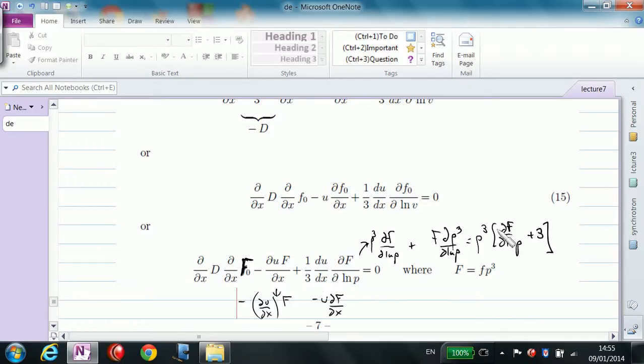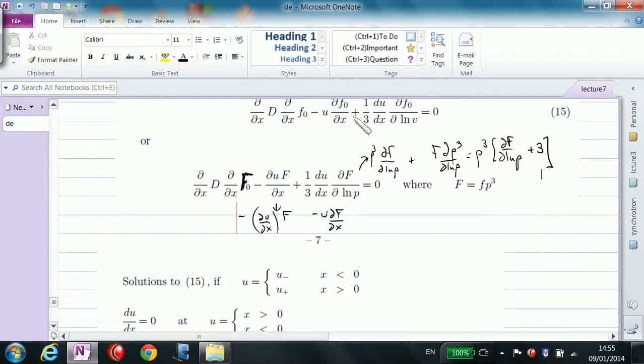Now when I multiply this 3 by this 1/3, it cancels out this term here. So this is the same as this.